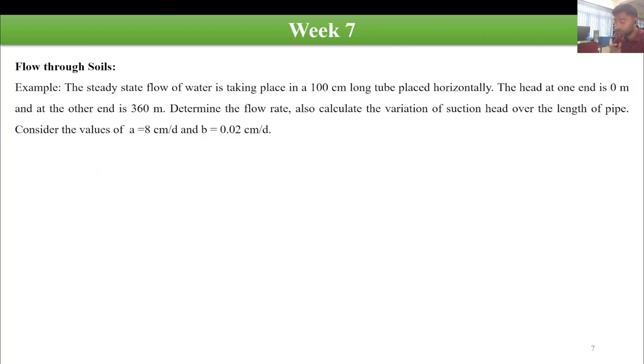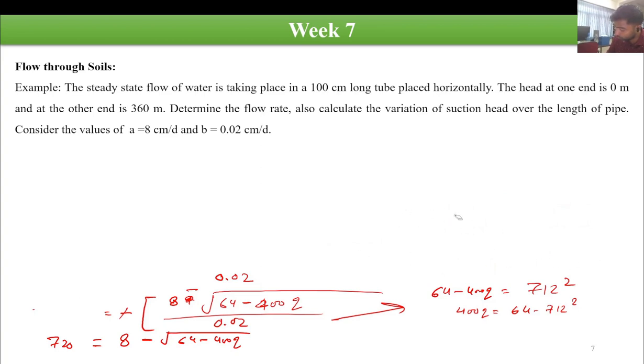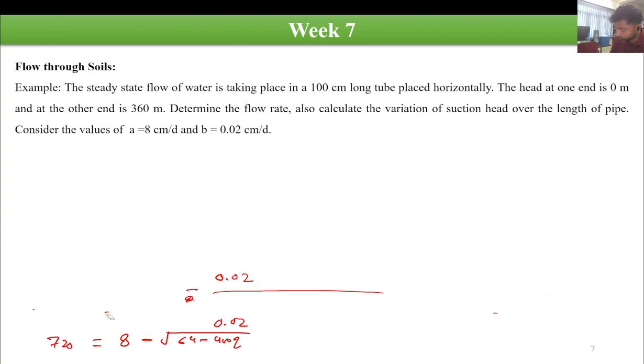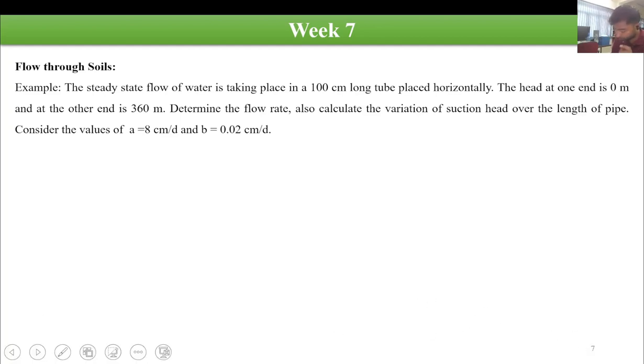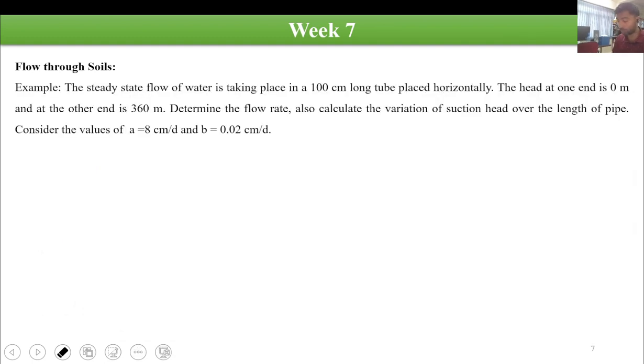So the example says, based on the formulation which we have observed, we will be solving a numerical here.